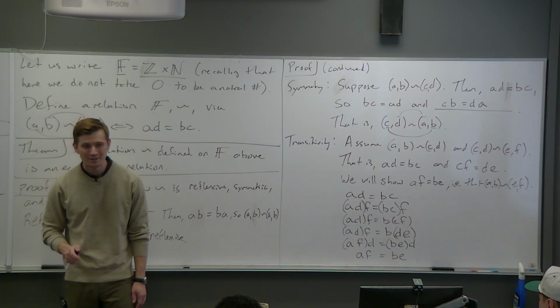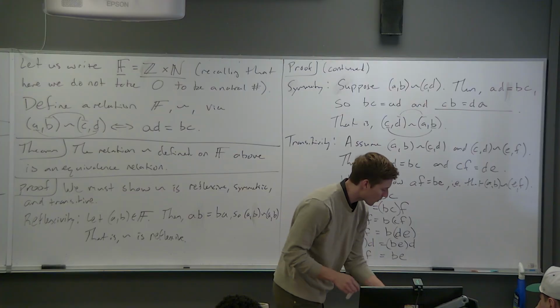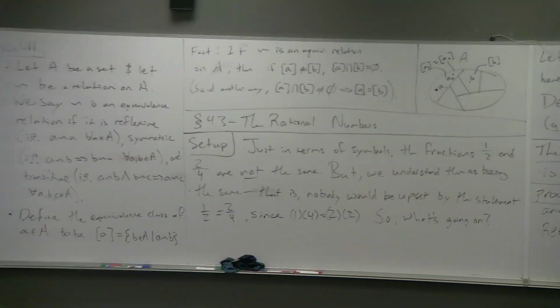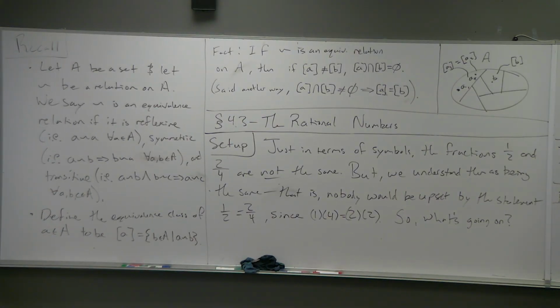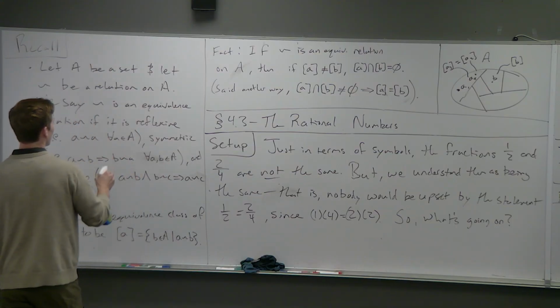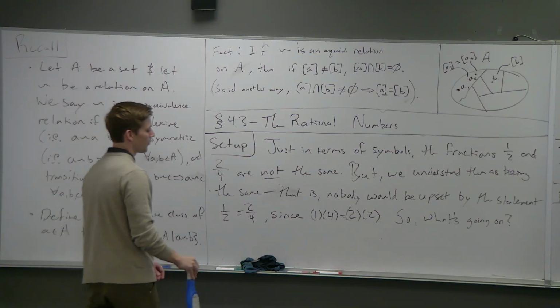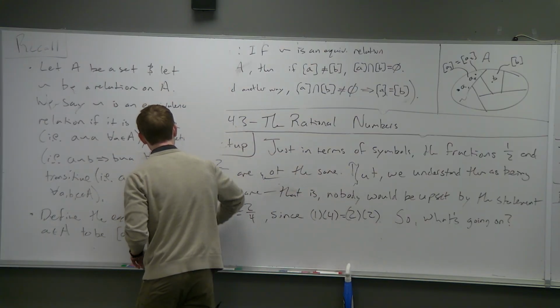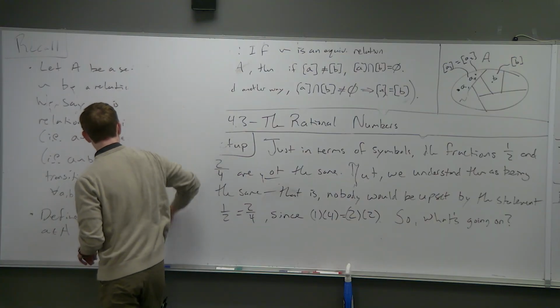All right. So with this, we can construct the rational numbers. Let's jump back to the other screen and do a little tiny bit of erasing. So the rational numbers will be these ordered pairs mod this equivalence relation. That is, we'll look at the equivalence classes of ordered pairs of F under this relation, and we'll treat these as our rational numbers.